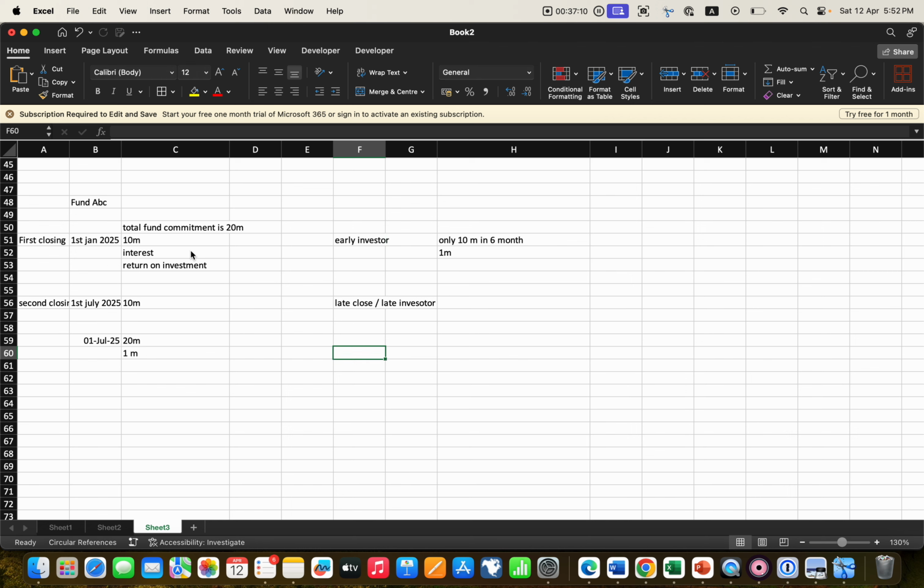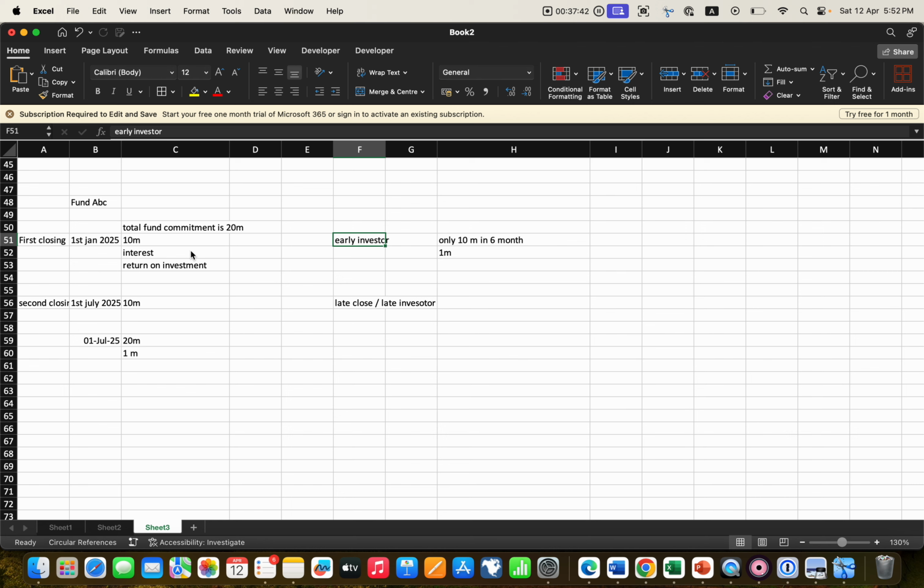So when the second investor joins, the second investor gives 1 million to the first early investor to make the equalization. Like, if he had invested 6 months before, he would have a full right to the return of 1 million, so he gives 1 million directly to the first investor to make this fund equalization.